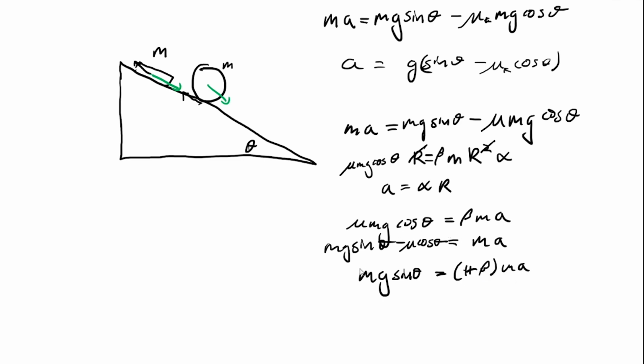We can divide by m times (1 plus beta) on both sides, and we get the acceleration equal to g sine theta over 1 plus beta. Now we need to set this equal to the acceleration of the block, which is g sine theta minus mu sub k cosine theta.